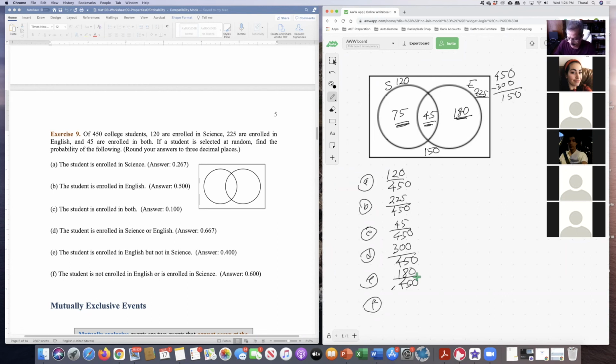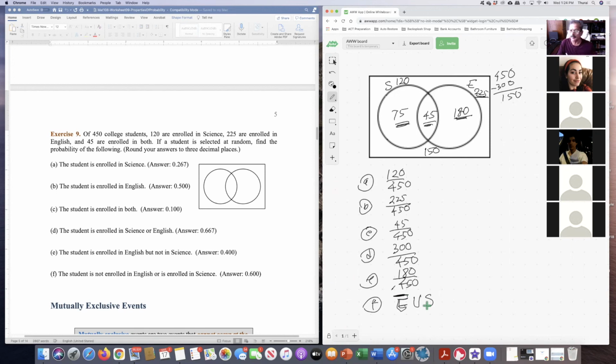So let me explain what set represents this. Not enrolled in English would be the complement of English, E bar. Agree with that? Student is not enrolled in English is E bar. Or is enrolled in science means the student is either in E bar or in science. That's what it means. So that would be the same as E bar union S.